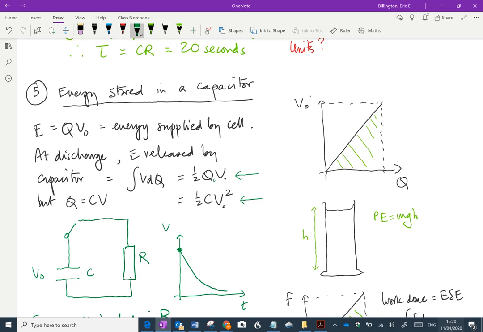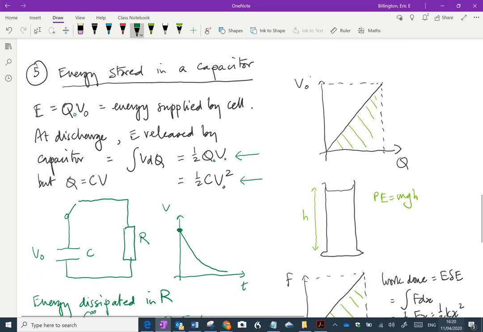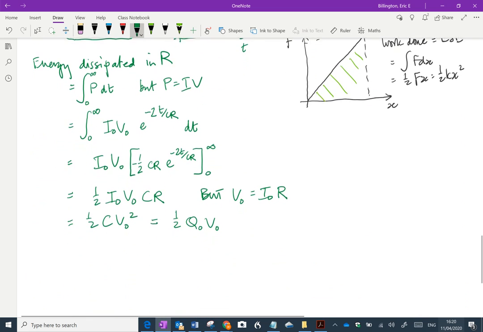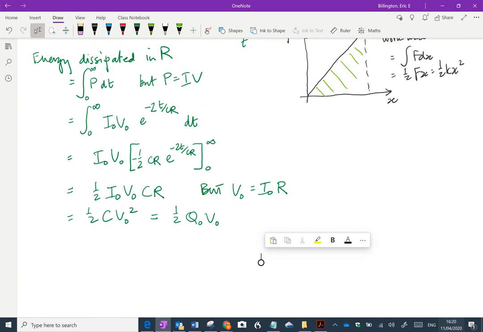We've had little noughts in here if we want to indicate the time t equals naught. So Q naught and V naught are the maximum values of Q and V at time t equals naught. What we found down here is that the other half, Q naught V naught, is dissipated as heat in the resistor.